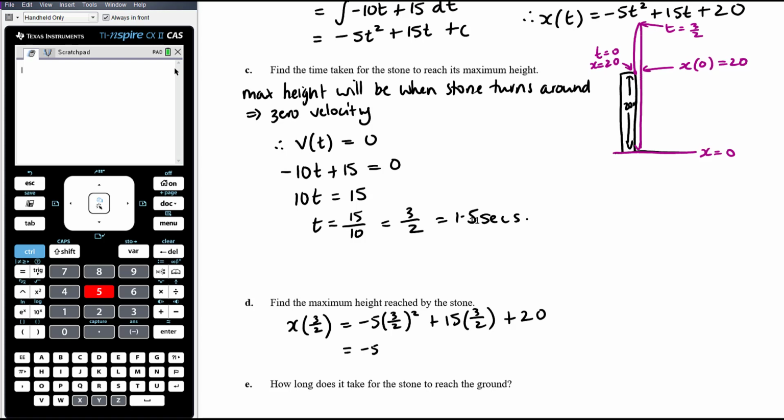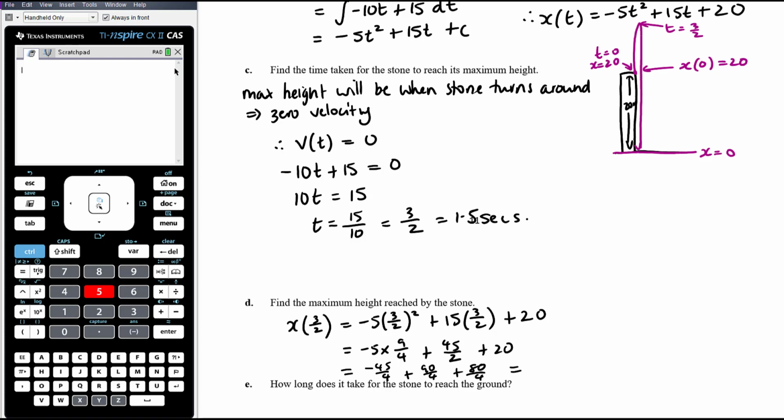So that's negative 5 times 9 on 4 plus 45 on 2 plus 20. Let's get a common denominator there. So that's negative 45 on 4, plus this is 90 on 4, and then this is 80 on 4.